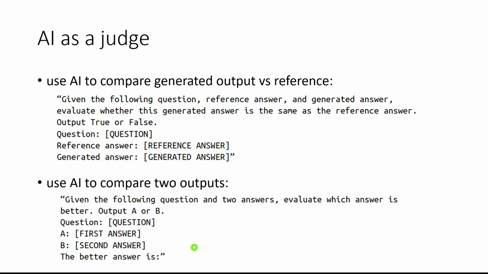One thing to note is that we don't need a very powerful AI to serve as a judge, because usually a weaker AI can be good enough, since it's easier to evaluate results than to generate results. So to judge a powerful AI, we can use a weaker one in this evaluation.